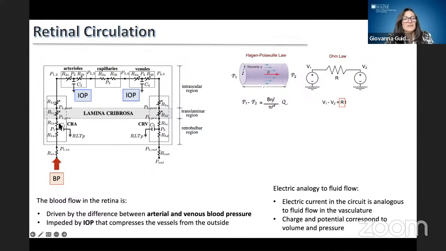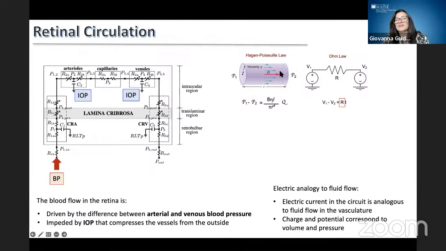And here you can see on the left some resistances and capacitances. So the resistances that obey Ohm's law, if they are linear, basically model an electric element where the difference in electric potential or voltage is proportional through the resistance to the electric current.